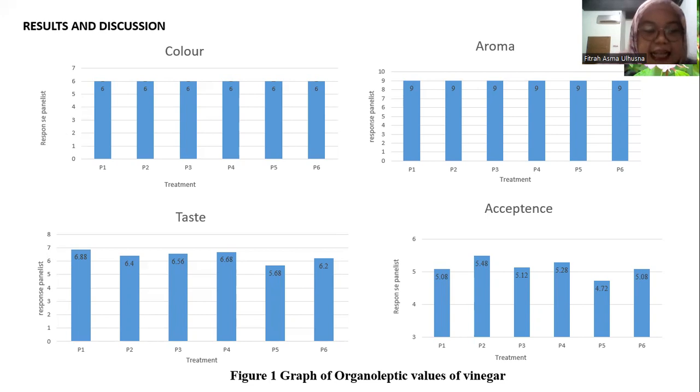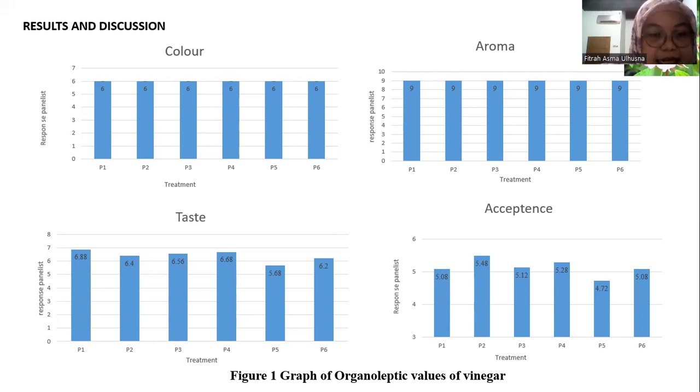And then the taste of the beverage can be known when the panelists taste it. Taste can also explain the content of food nutrients. Organoleptic test results show that the average value of the level of panelist preference for the taste of vinegar varied from 5 to 6.